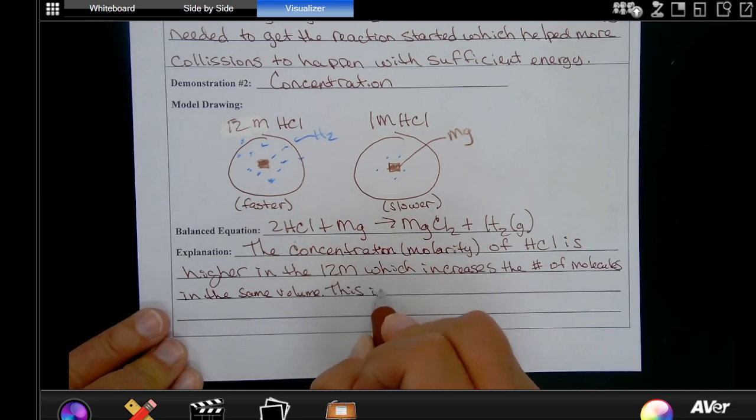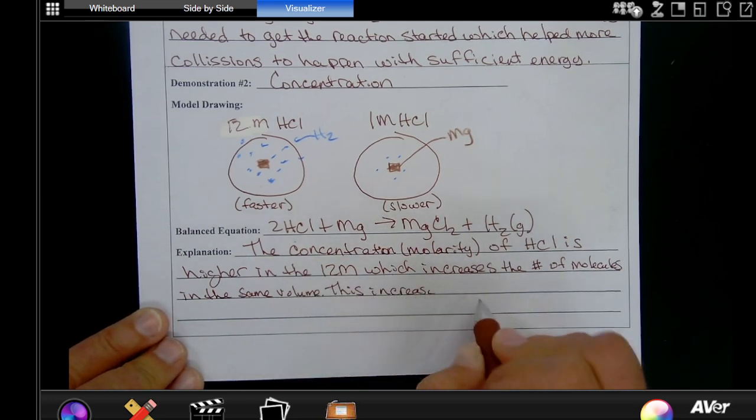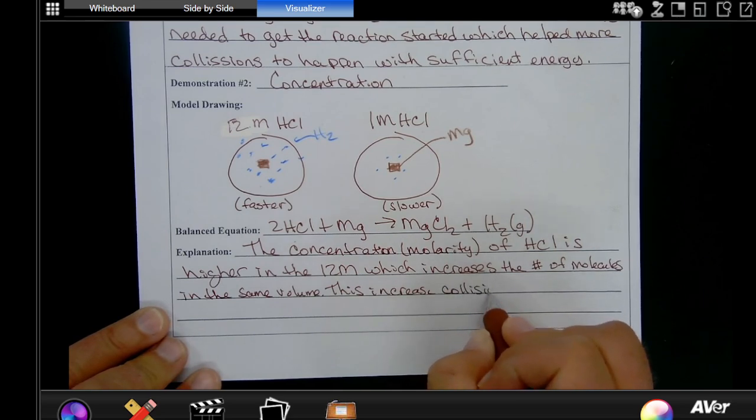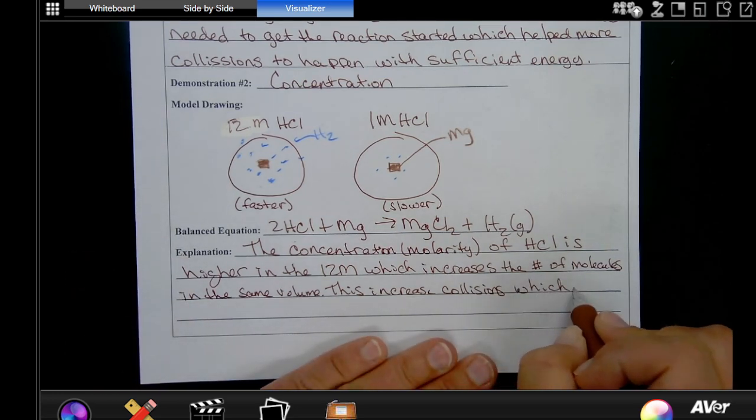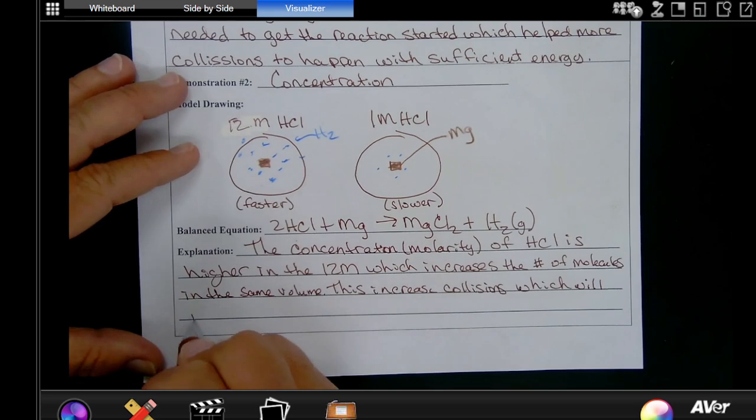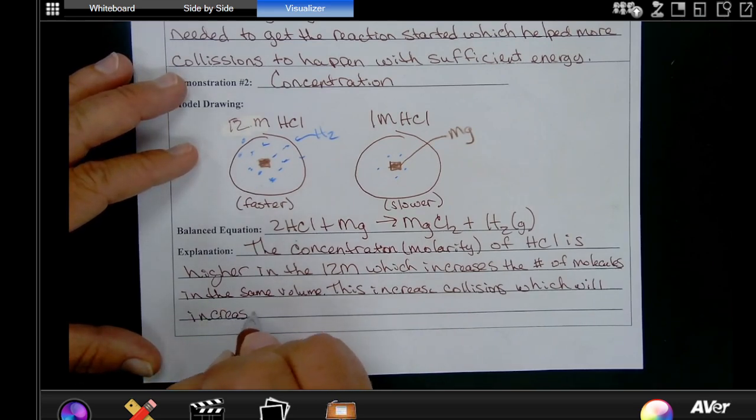This increases collisions, which will increase the rate of reaction.